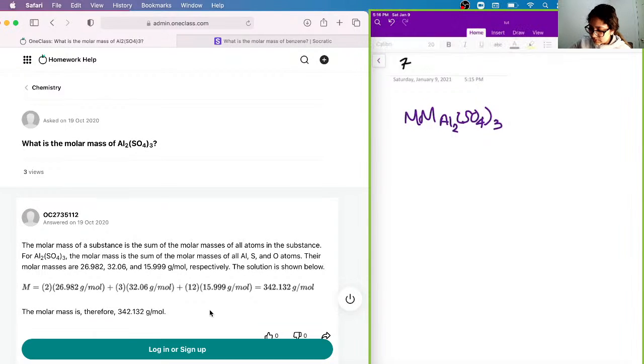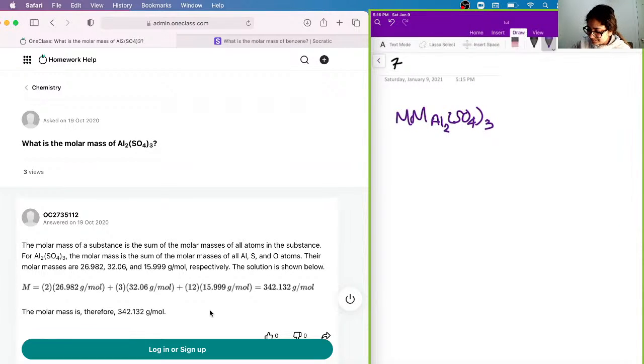What we have to do is break this down into the individual elements or atoms. In this case, you can see we have 3: aluminum, sulfur, and oxygen. We would break this down.